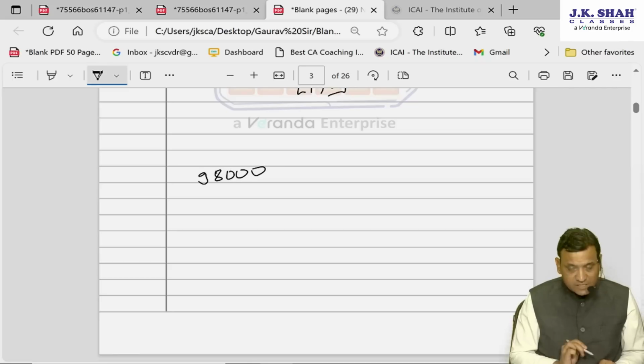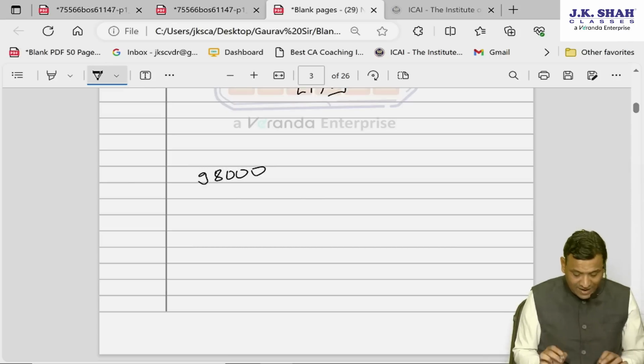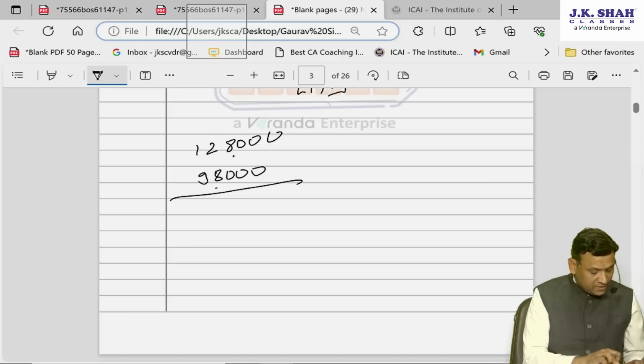That is the value of the asset he is adjusting. I purchased the asset for 2 lakhs. On 2 lakhs, I provided depreciation for the first year 20%, second year also 20%. So the value of the asset in my books is 1,28,000. But I am getting only 98,000, which means there is a loss of 30,000.